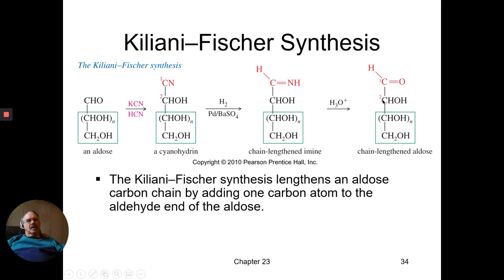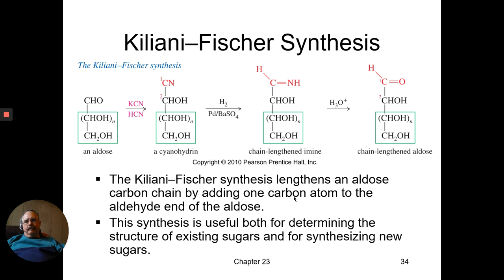One disadvantage, of course, is that this reaction is not stereospecific, so we'll get both isomers at both configurations at carbon number 2.